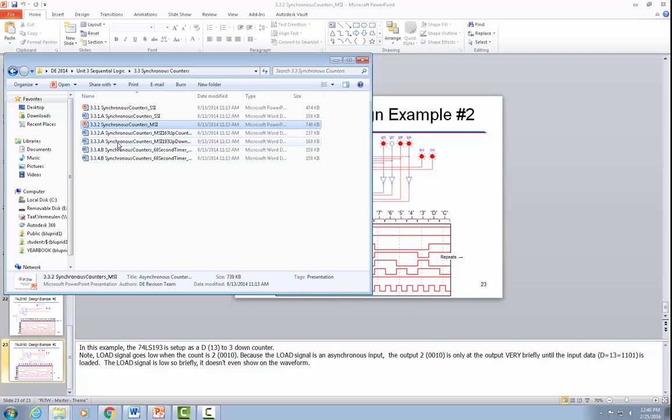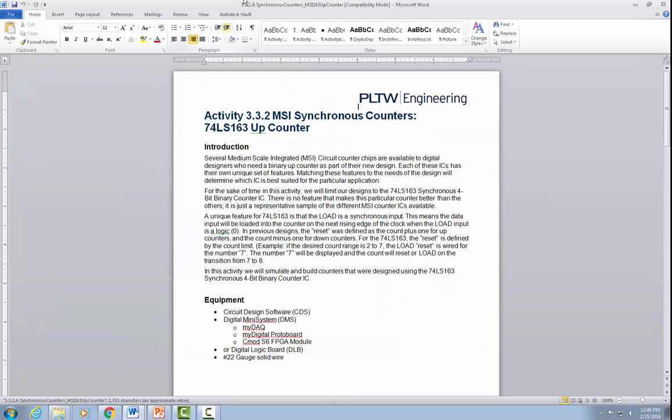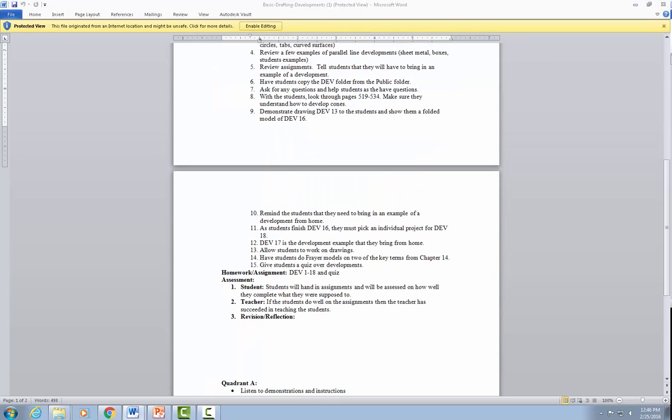So if I go ahead and open up the 3.3.2 and I put it on the screen that you guys can see. Right here gives me an introduction, says that we're going to build with the 163 chip. It says below are two MSI synchronous counters created in design mode of the CDS.